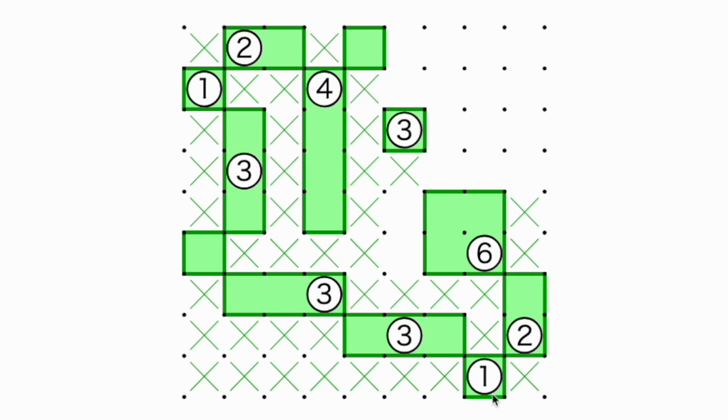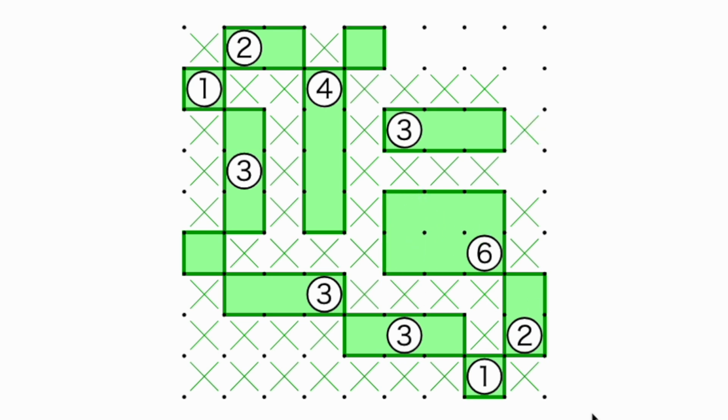That means what? It can't go north, because then we'd have a non-rectangular shape there. So it must go east. That is required. That forces this 6 region to be a 3x2 horizontally. And we've got to keep the loop coming, so it's got to go through this cell, up to this one.